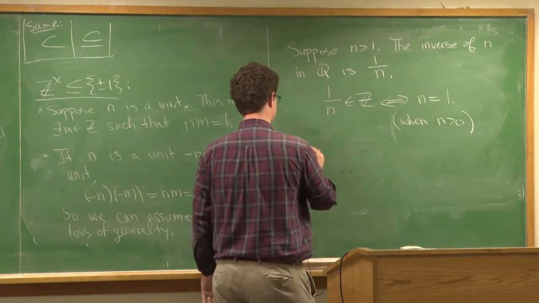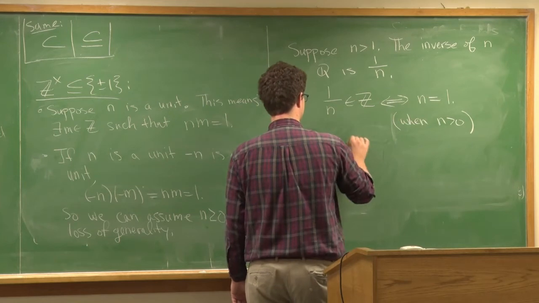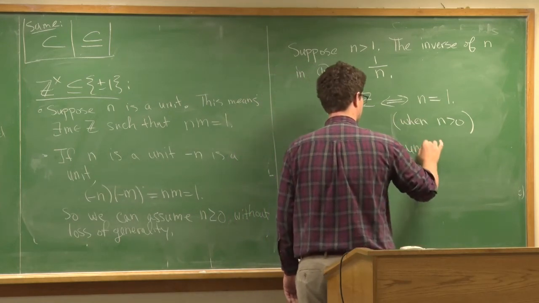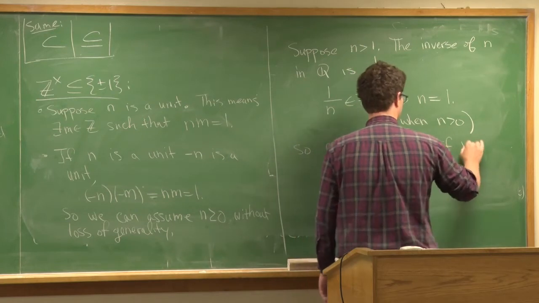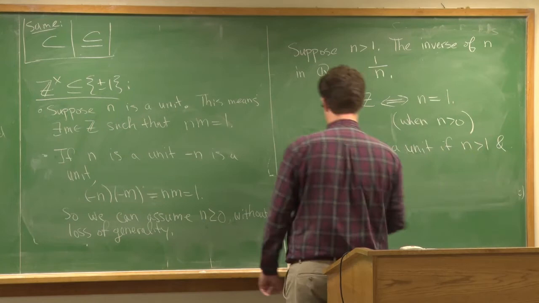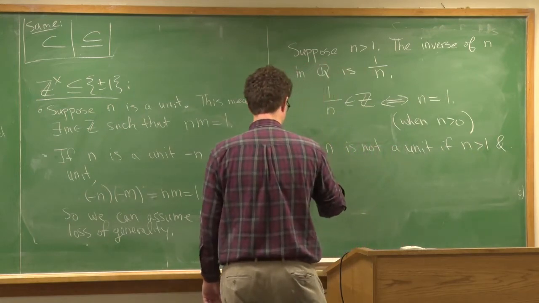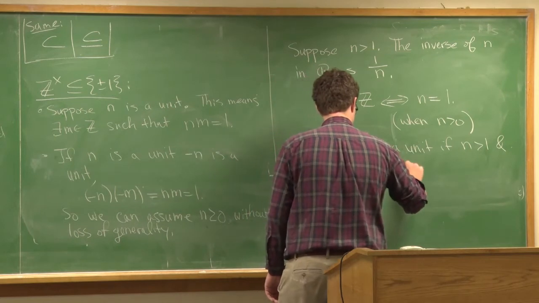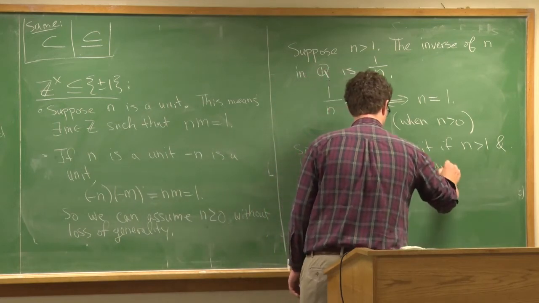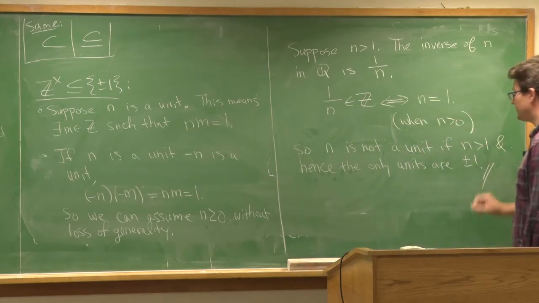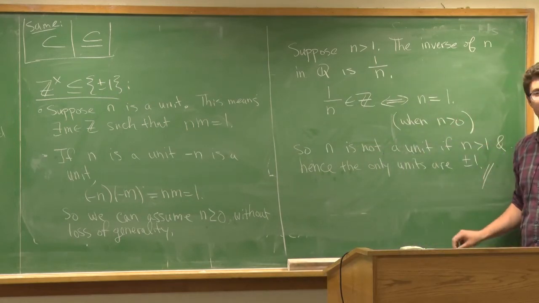So n isn't a unit if n is greater than 1, and hence the only units are plus or minus 1. Okay, so we're done. Does that make sense?